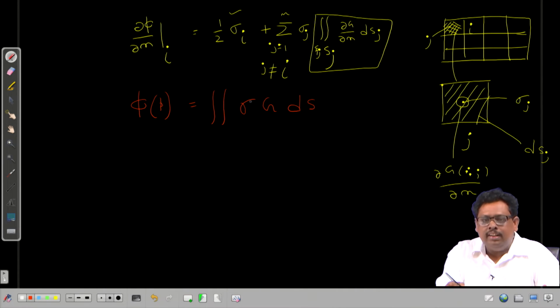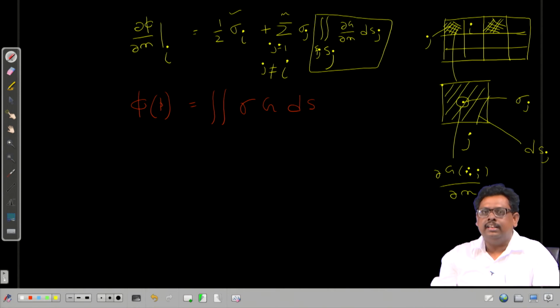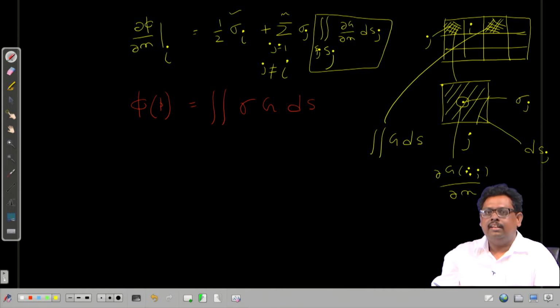Now, here this sigma is known to me, right. So, therefore, essentially my integration becomes here. Now, this, let us say, for the second part. So, now my integration becomes only in this panel, it is integration of g into ds, right, because sigma is again constant and I take the sigma outside the integration sign.